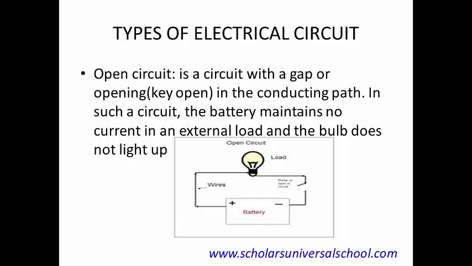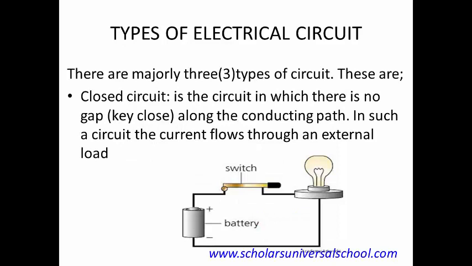So, for a closed circuit, the key is closed. For an open circuit, the key is open. And in such a circuit, the battery maintains no current in the external load. And the bulb we have here would not light up. As compared to your closed circuit, the bulb we have in this circuit would light up once the circuit is closed.